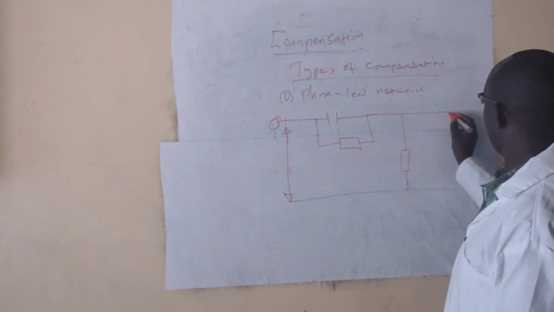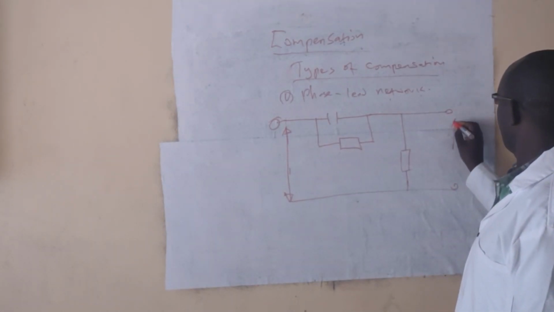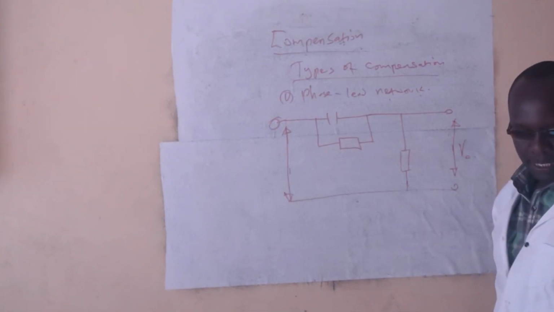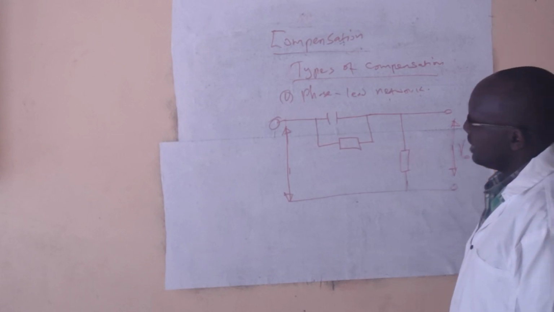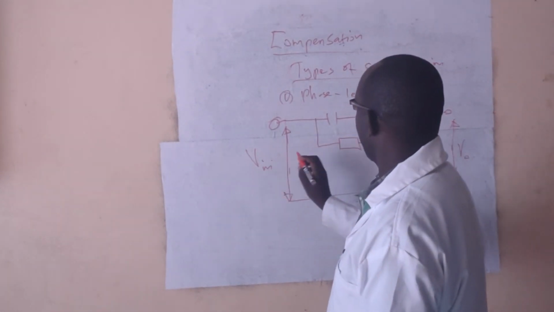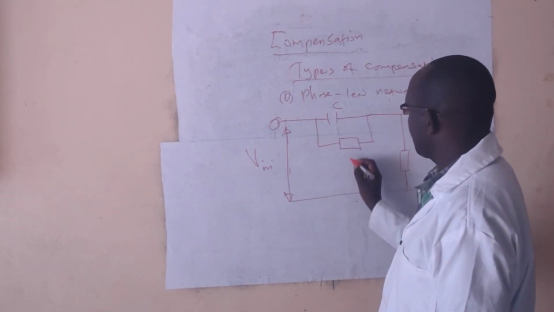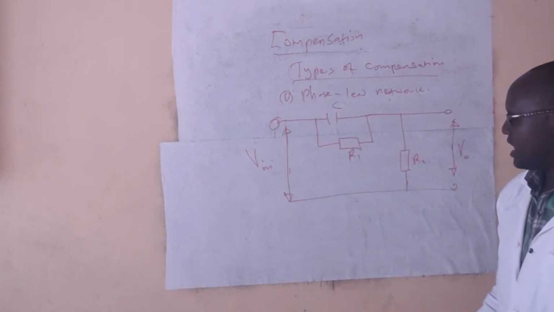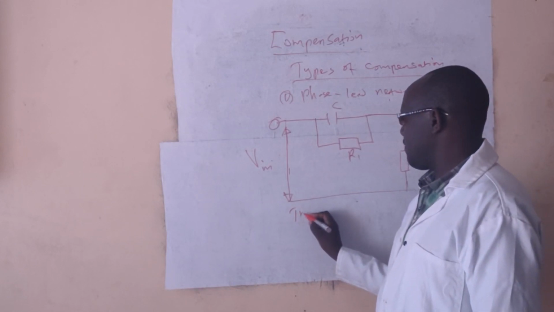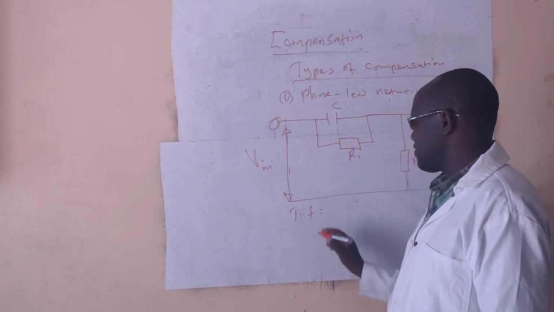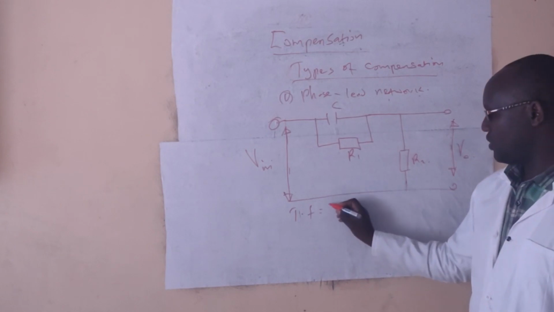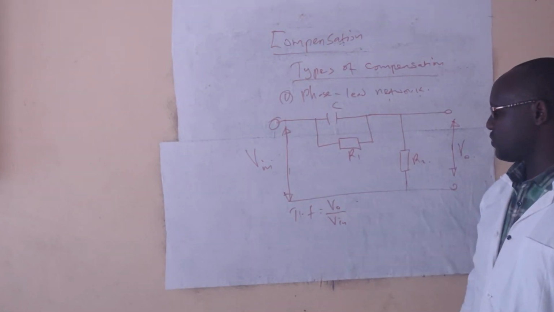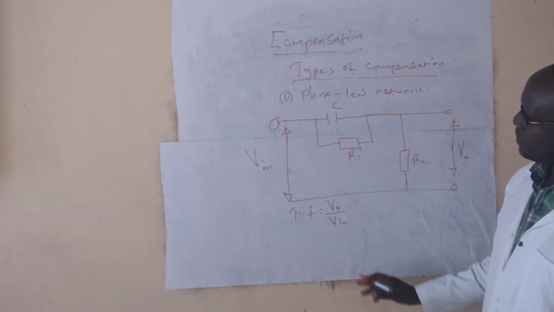We have this as V out, and this one V in. So this one is C, this one is R1, this one is R2. You can be asked to determine the transfer function, and the transfer function is given by V out all over V in, the ratio of that.